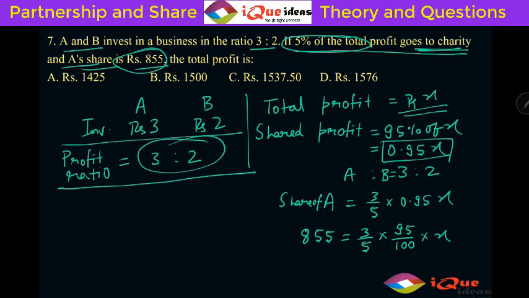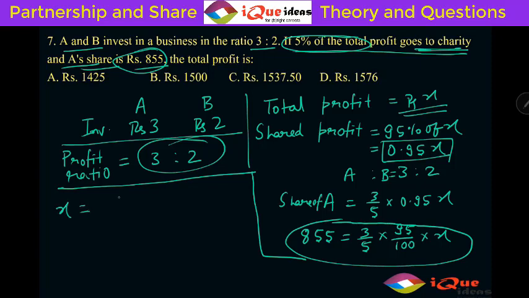So if you cross multiply, you will get the value of X from here. From this relation, we can get the value of X like this. It is 855 into 5 into 100 divided by 3 into 95.